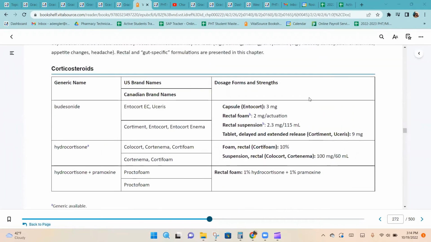So here we have the corticosteroids: budesonide, hydrocortisone, which comes in a rectal foam and a rectal suspension, and hydrocortisone plus pramoxine, and that's a rectal foam.